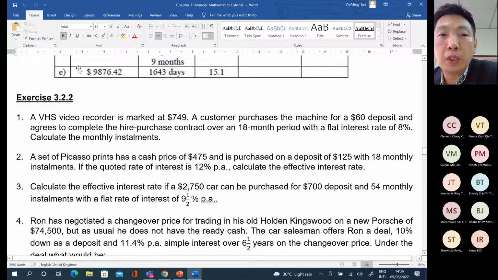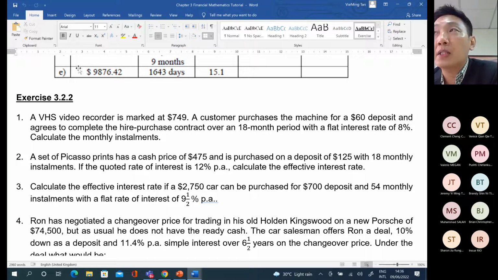Exercise 3.2.2 also covers simple interest questions, but applied to the hire purchase agreement. Hire purchase means an installment purchase agreement. That means the customer will not pay by using cash when purchasing a product, but will make a hire purchase agreement, so I'll pay the debt through periodic installments in future.